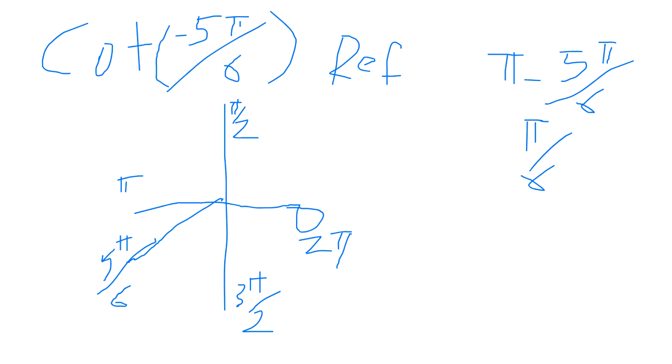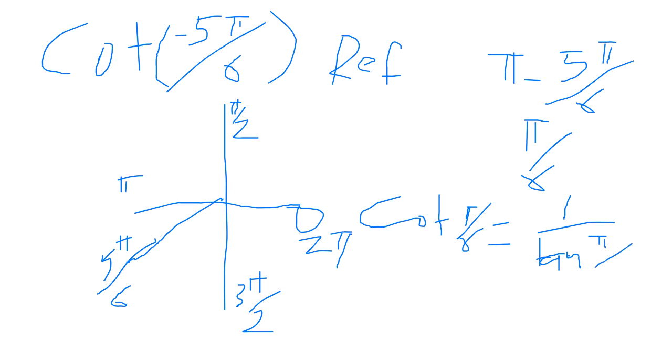Now that we're going to find cot, cot pi over 6 as our reference angle is the same as 1 over tan pi over 6.